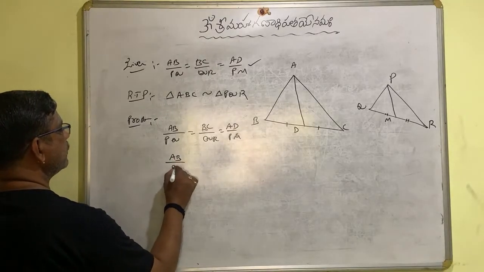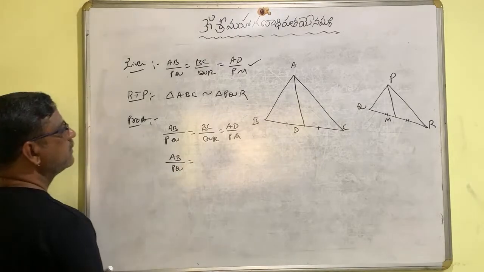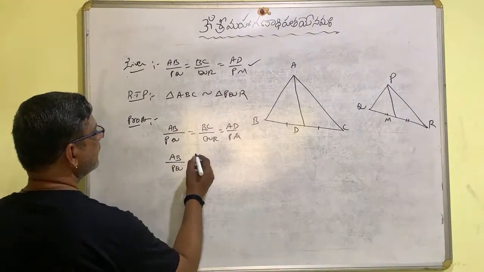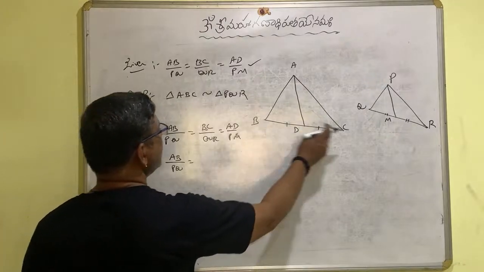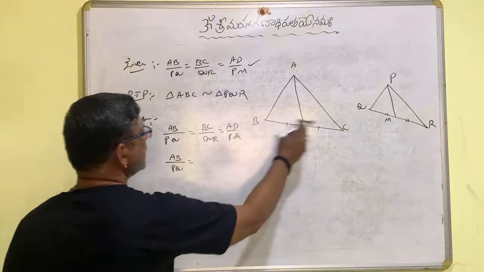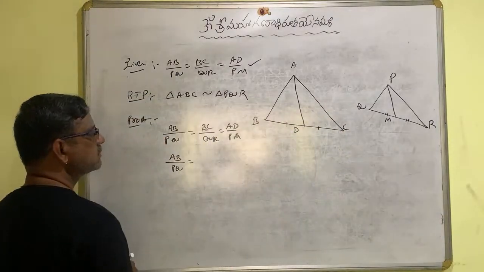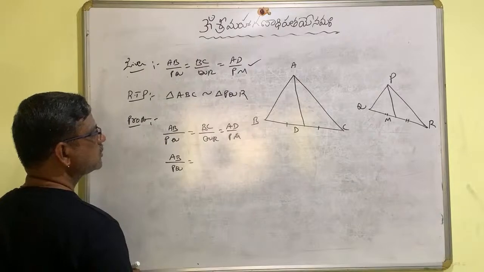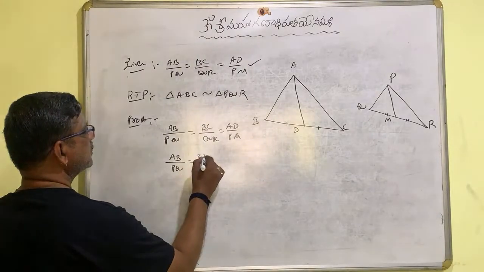BC is divided into two equal parts by AD, so I can write BC as 2BD.